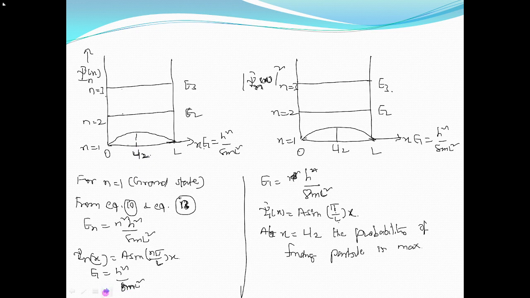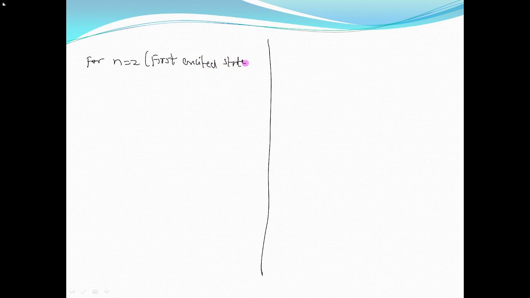Next, if I go for n is equal to 2. What is n is equal to 2? The first excited state.